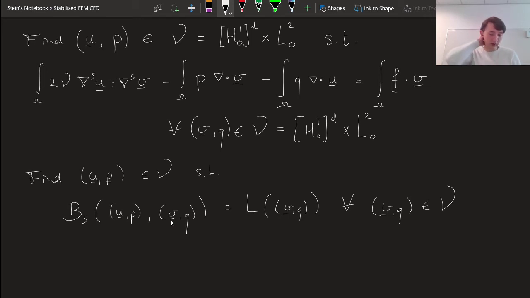This is what this equation really looks like, and that's precisely what we're hoping to find. Interestingly, B is symmetric in the sense that if I swap u p and v q in these equations, nothing changes. That's a symmetry notion of a bilinear form.